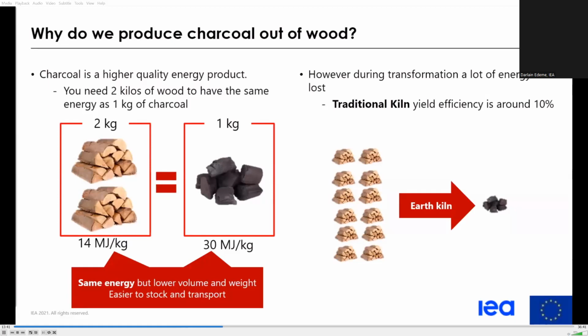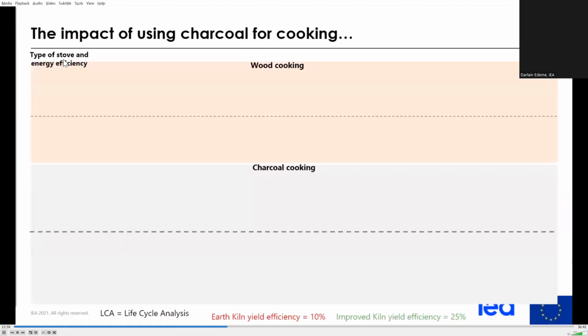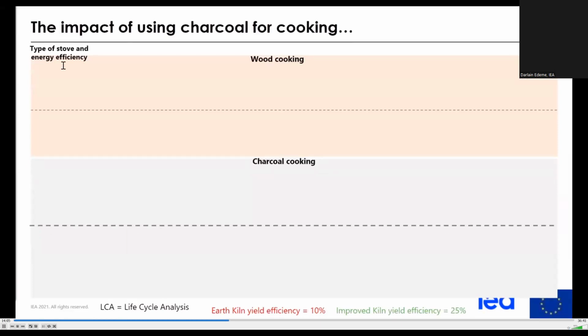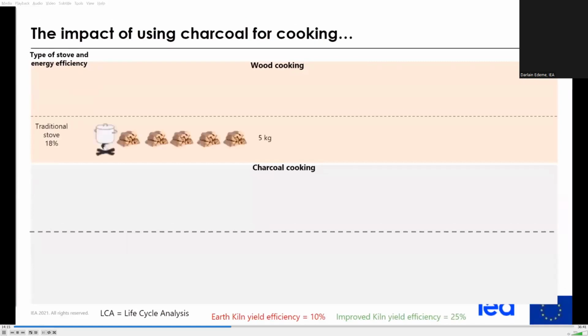let us look even more at the end use energy service that is cooking. Here we will see the different type of fuel, so wood and charcoal, and the means for cooking that is traditional stove and improved cook stoves. With a traditional stove, you need around 5 kilo of wood to cook a meal.